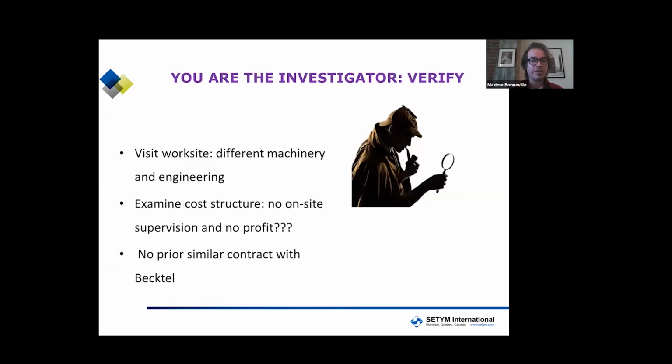So that was this step. Next step, sorry. Fourth step, you are the investigator, you verify the information provided. I've used the image, very famous, of Sherlock Holmes, the most well-known investigator. Why did I use that? Because that's your job now. You could, for example, visit the work site mentioned in their correspondence and talk to people involved.